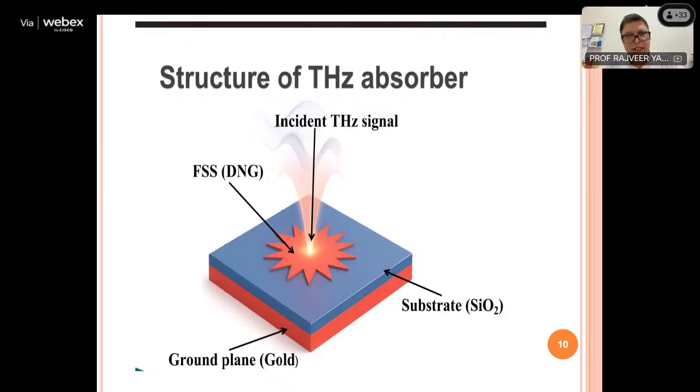Of course, it is at terahertz, but I have specifically taken it for reference, showing how FSS are being utilized for absorption. Here, if you see the structure, there is a bottom ground plane, SiO2 substrate, FSS structure, and I have designed this FSS structure for a particular wavelength for 6G, 0.1 to 10 terahertz.